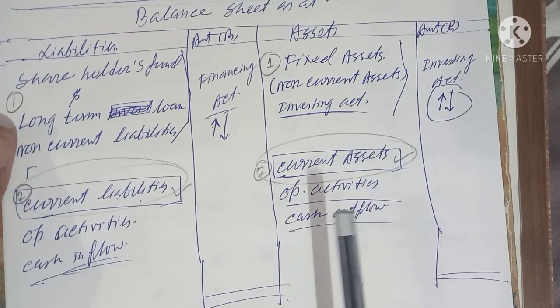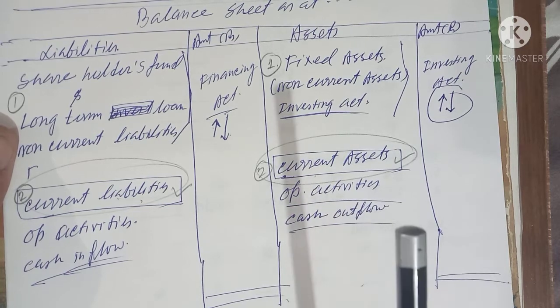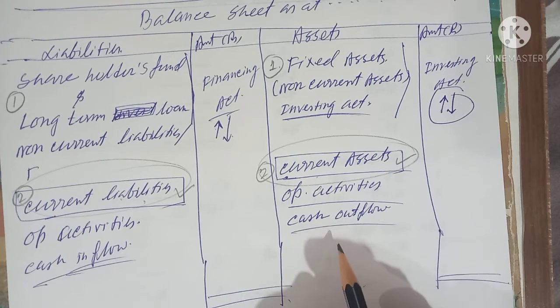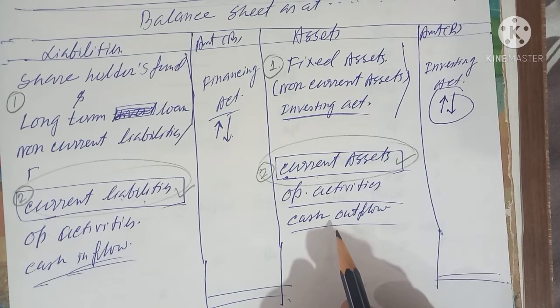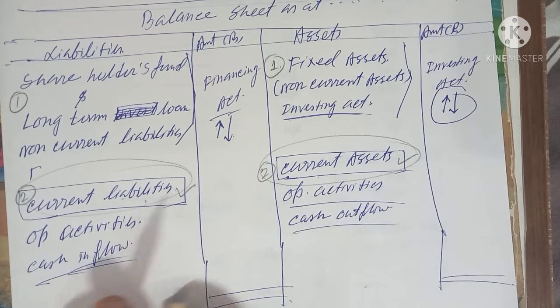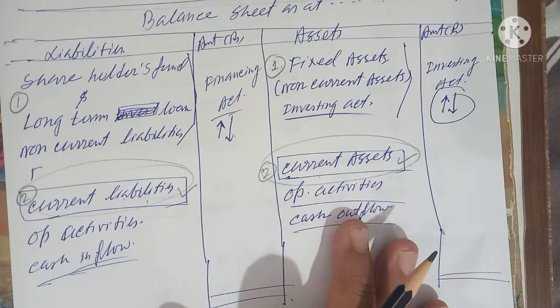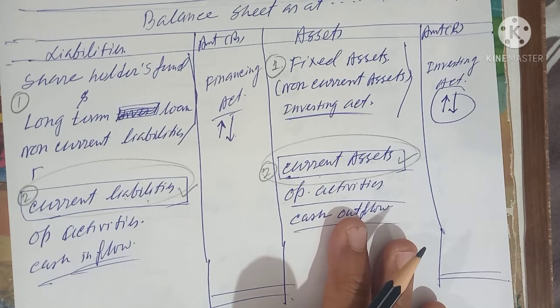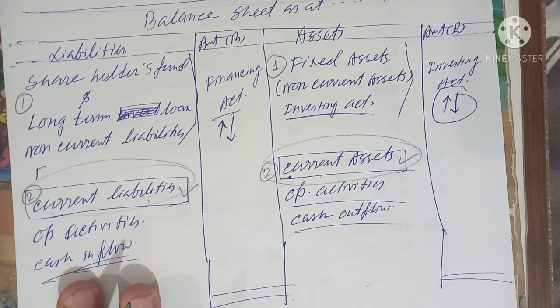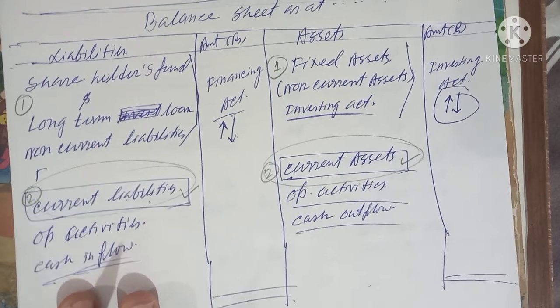In the beginning I told you it can easily be converted into cash. For example, debtors and bills receivable are here, and creditors and bills payable are there. Assets increasing or decreasing will affect cash inflow and outflow. Similarly, current liabilities increasing or decreasing will affect the cash inflow and outflow.